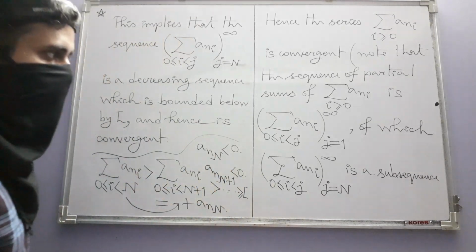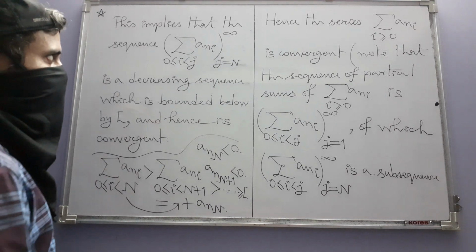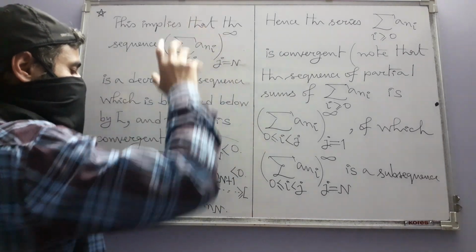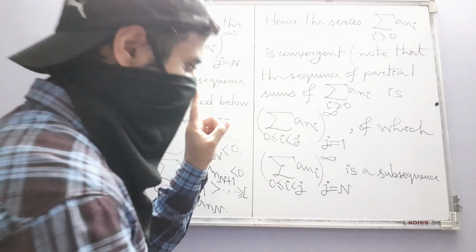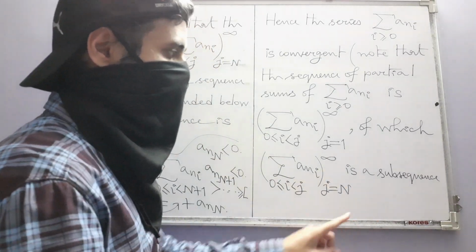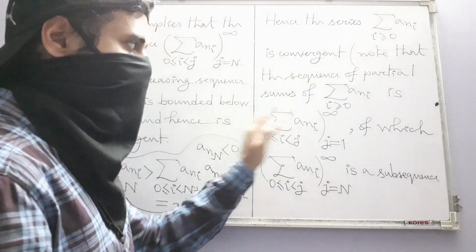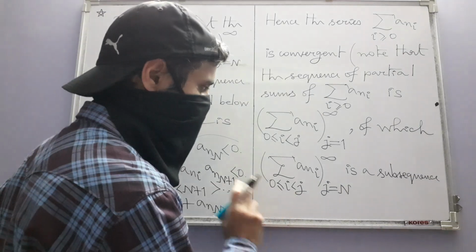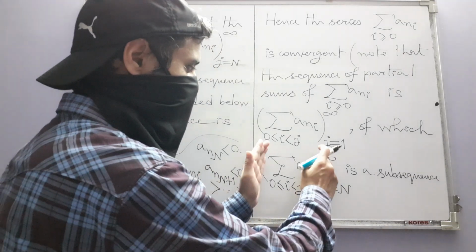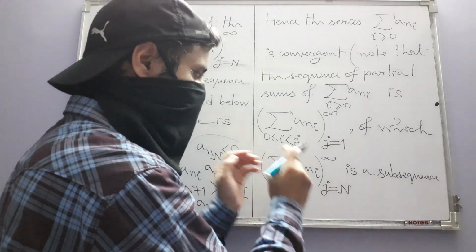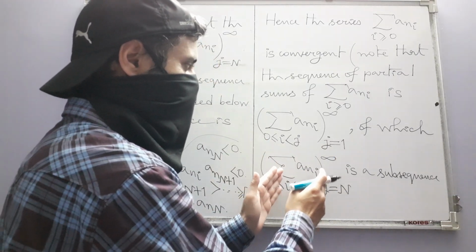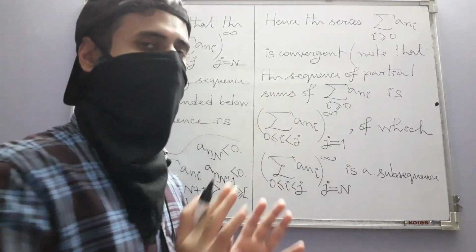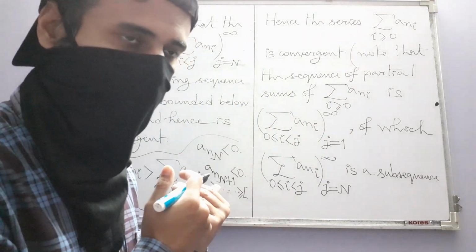Okay. So note one thing, convergence of a subsequence does not imply that the original sequence is convergent in general, but this is a special situation in which the subsequence only does not have finitely many terms of the original sequence in the beginning.